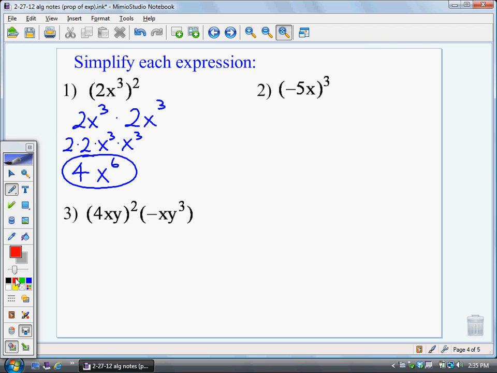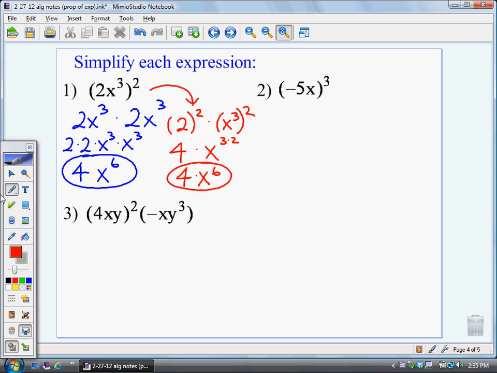Another way to look at it, if you apply the properties, 2 squared multiplied by x to the 3rd squared. 2 squared is 4. X to the 3rd squared would be x to the 3 times 2, 4x to the 6th.